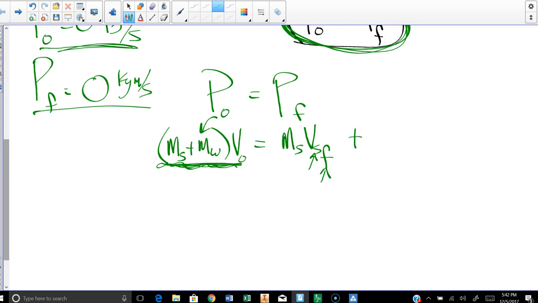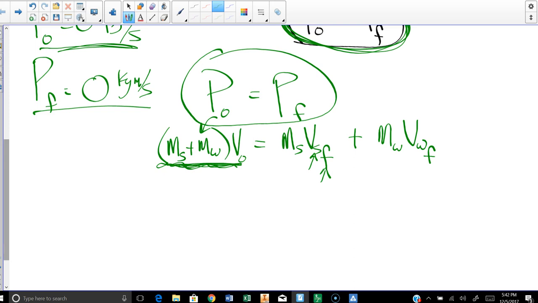I'll use plus. Right now, one of them is going to come out negative. We know this. But combined with mass of Wellborn, my velocity afterwards. So notice this really simple statement, depending on the situation, can be broken up in any number of ways. Here we have a situation where we have one object that splits into two.